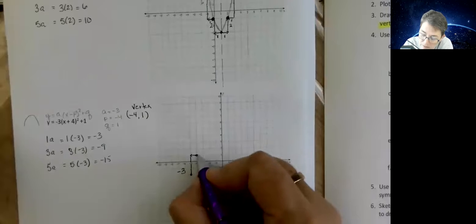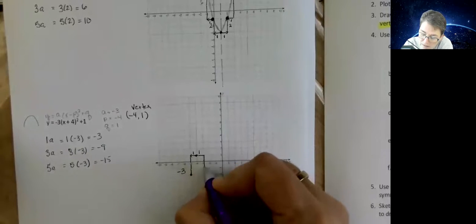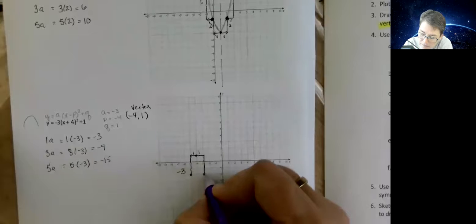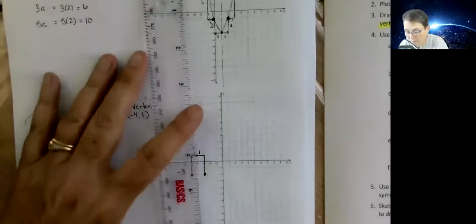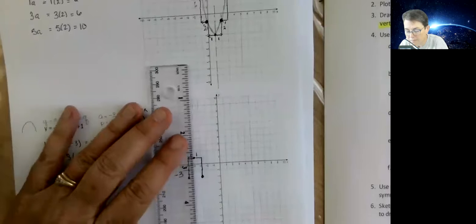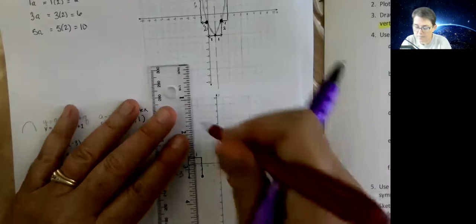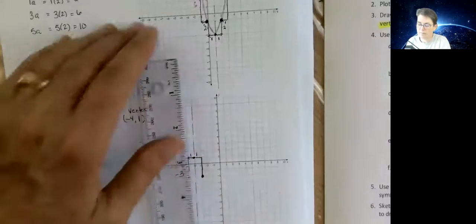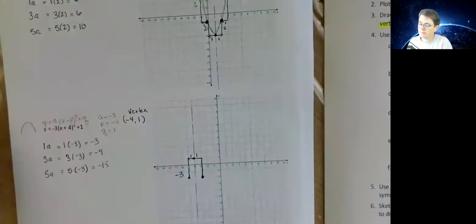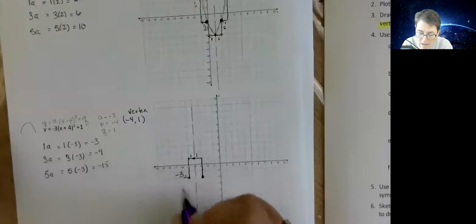And then we do the same thing. We go 1 space over, always 1 over, and then 1, 2, 3 down. I forgot to show my axis of symmetry. Sorry. And then we're going to go 1 over, and we're going to go 9 down.